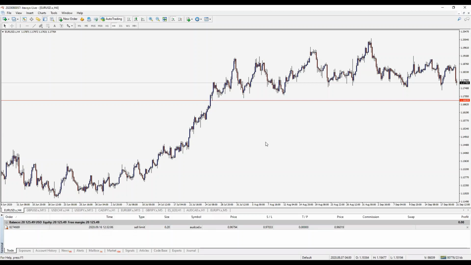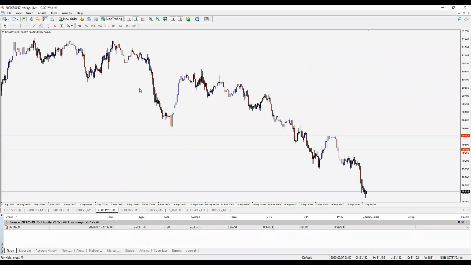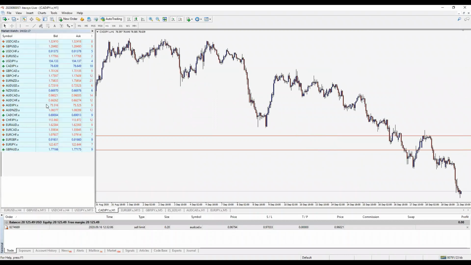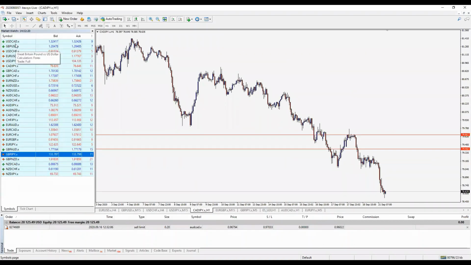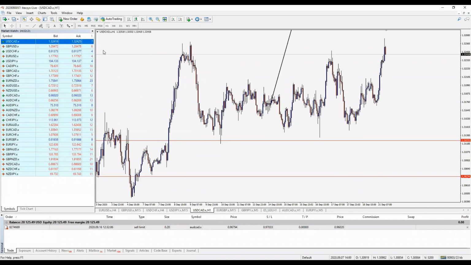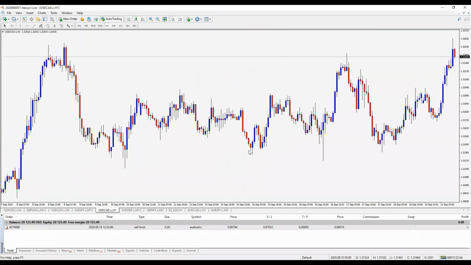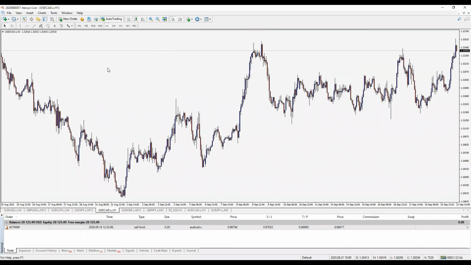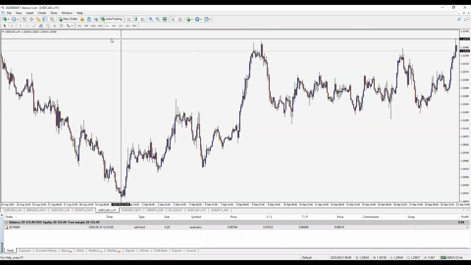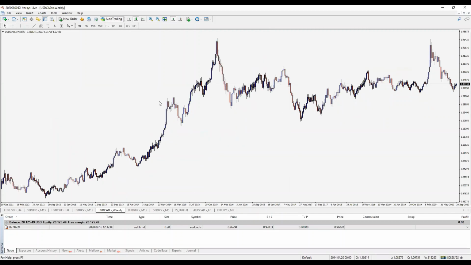All right. Okay, so let's start with the US dollar and the Canadian. I'll clear the chart first. For the long-term perspective, I'll take it even to the weekly charts.